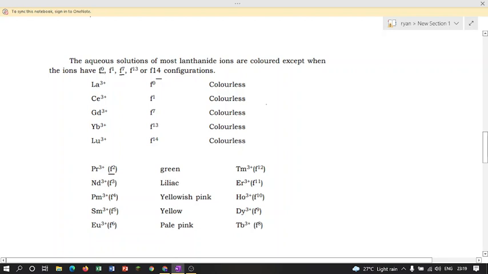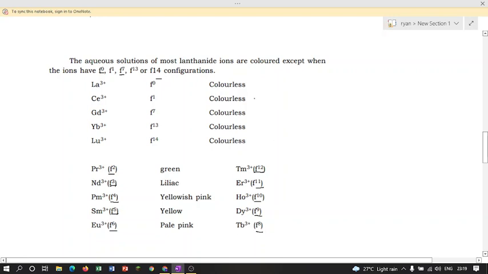Second important thing which you can look upon in the table is that f2 and f12 have similar color, f3 and f11 have similar color, f4 and f10 have similar color, f5 and f9 have similar color, f6 and f8 have similar color.